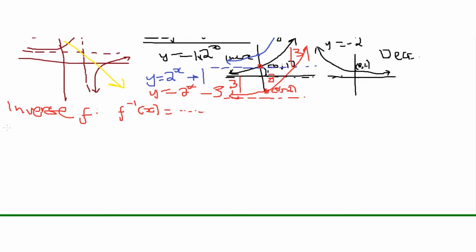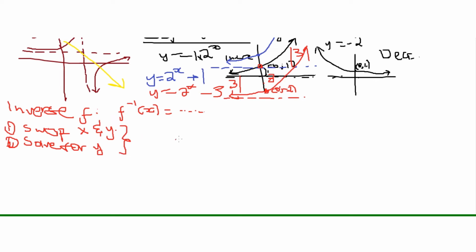Step number 1 in determining the inverse: you first swap. Wherever you see x, you put y, and wherever you see y, you put x. Then the second step is to solve for y. Make y the subject of the formula.